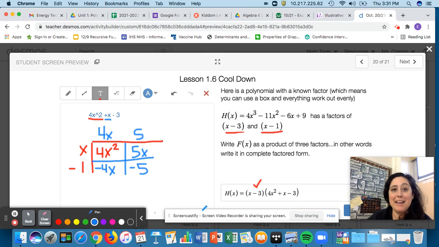Okay, I am back. I actually took a few minutes and I paused the video to be like, what is going on? Because this does not work. And what I found out, and I apologize, because usually these Desmos activities are pretty good, is that they actually meant to put x plus 1 and not x minus 1.